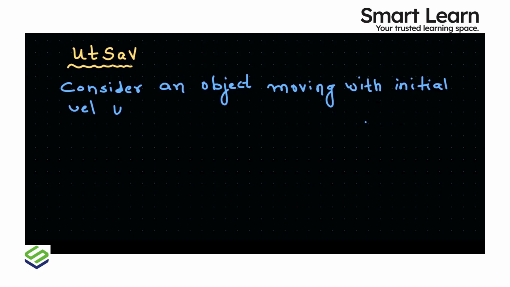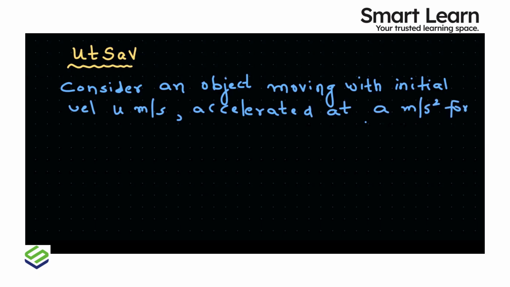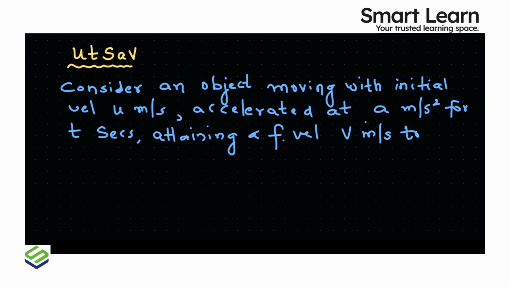Accelerated at, we are accelerating the particle, so it is accelerated at A meter per second square, for T seconds, attaining a final velocity V meter per second, traveling a distance of S meters.